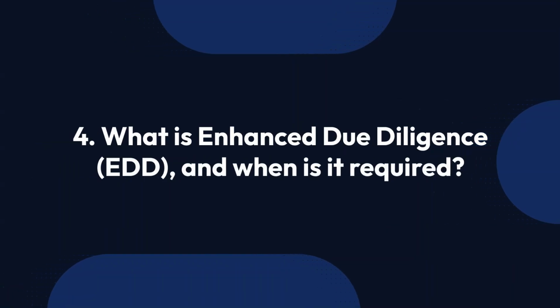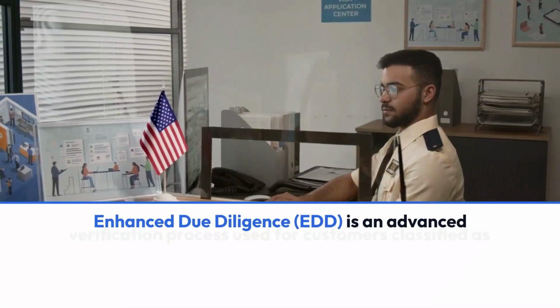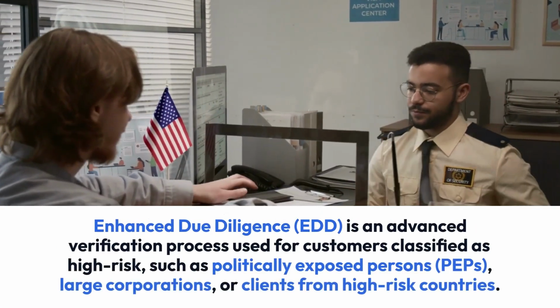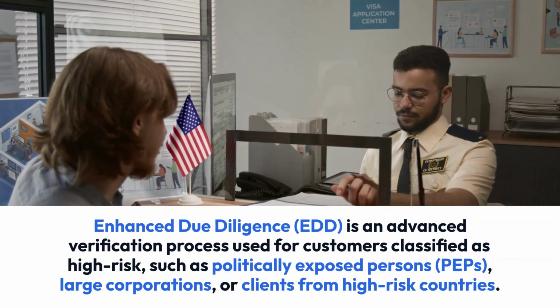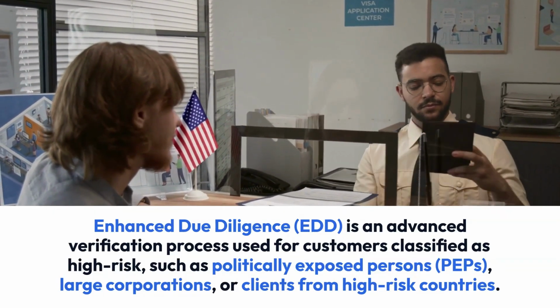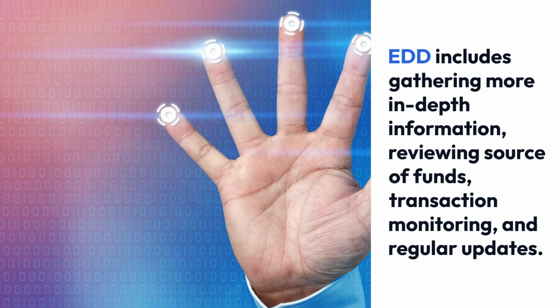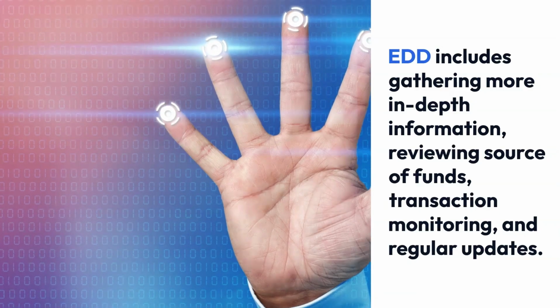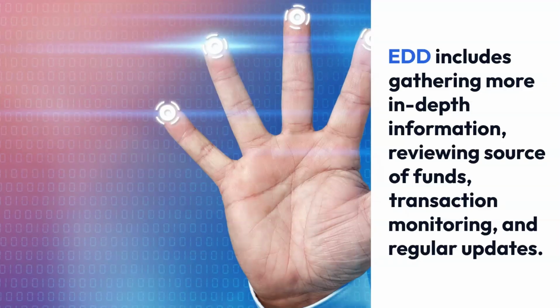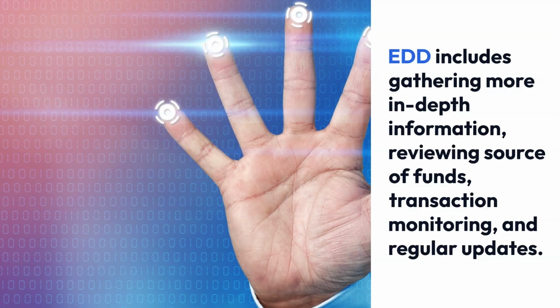4. What is Enhanced Due Diligence, EDD, and when is it required? Enhanced Due Diligence, EDD, is an advanced verification process used for customers classified as high risk, such as politically exposed persons, PEPs, large corporations, or clients from high-risk countries. EDD includes gathering more in-depth information, reviewing source of funds, transaction monitoring, and regular updates.